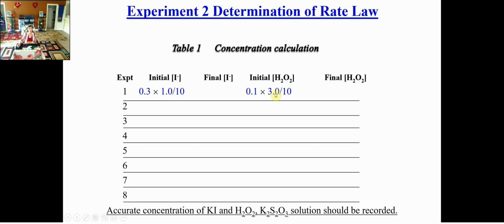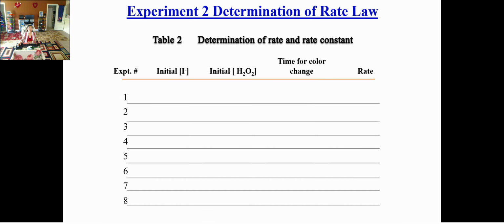Similarly, for your hydrogen peroxide, you are going to do this dilution. Again, you need the accurate concentration of potassium iodide and accurate concentration of your hydrogen peroxide. And also, we are going to use thiosulfate, potassium ions. So your potassium thiosulfate solution, all of this solution, accurate concentration must be known, it must be prepared.